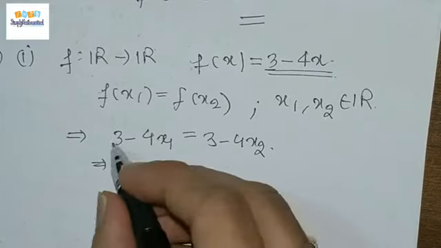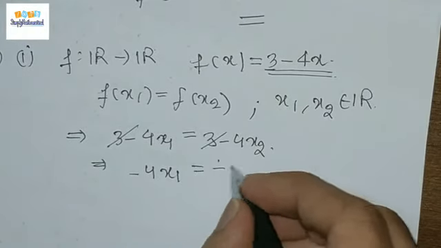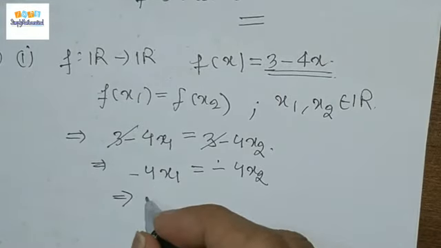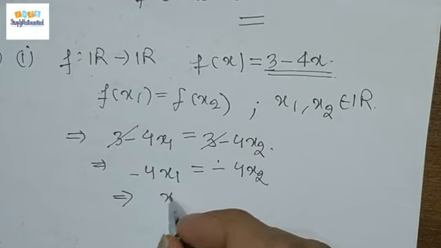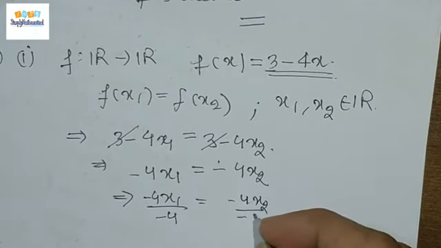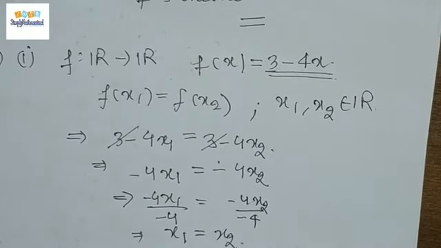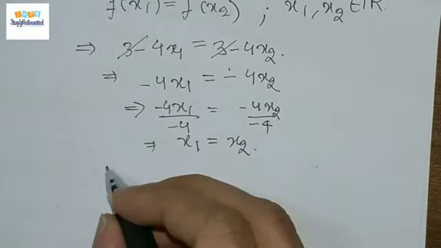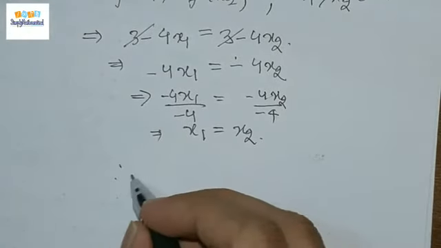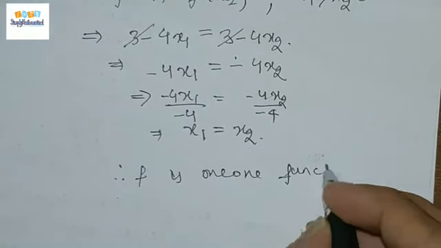This 3 and 3 will get cancelled, you will get minus 4x1 is equal to minus 4x2. So you divide by minus 4 on both sides. What you will get is x1 equal to x2. So we had taken f(x1) equal to f(x2), we got x1 equal to x2, therefore f is a one-one function.